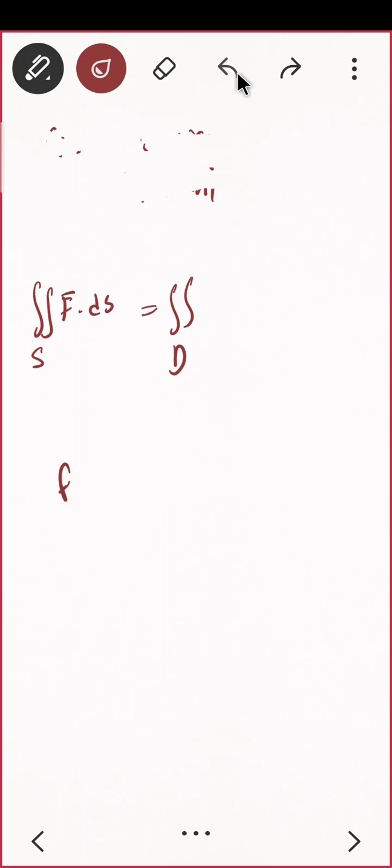We are not changing the definition. We are doing what was there before. That will make it easy because otherwise taking the norm and dividing will be a bit difficult. So f of r u v dot ru cross rv. You just have to take the dot product of these two. Then also it will work.